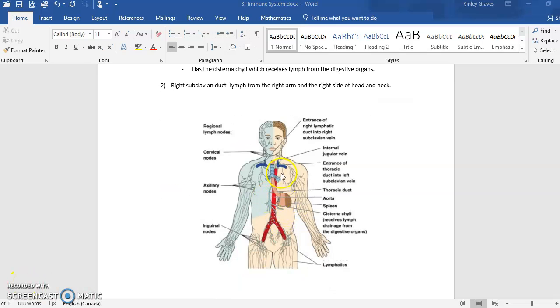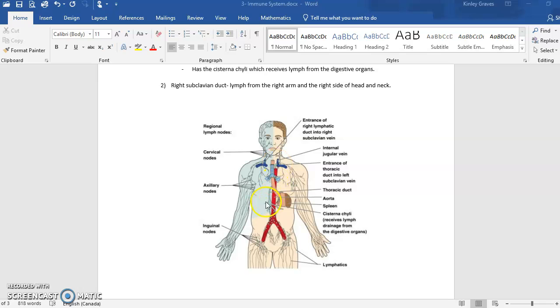So we have our thoracic duct here, and that's going to enter the bloodstream through the left subclavian vein. So there's veins that are below your clavicle, hence subclavian. Your clavicle is your kind of neck bone, or your collarbone, pardon me.